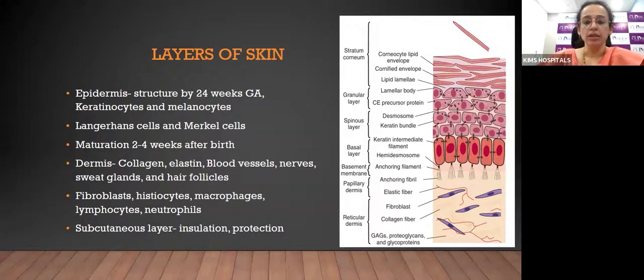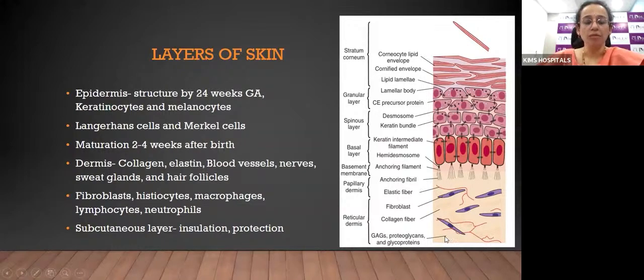The dermis is the lower layer of the skin, in which there are two different divisions called papillary dermis and reticular dermis. Between the epidermis and the dermis, there is a basement membrane which helps anchor the epidermal layers to the dermis.